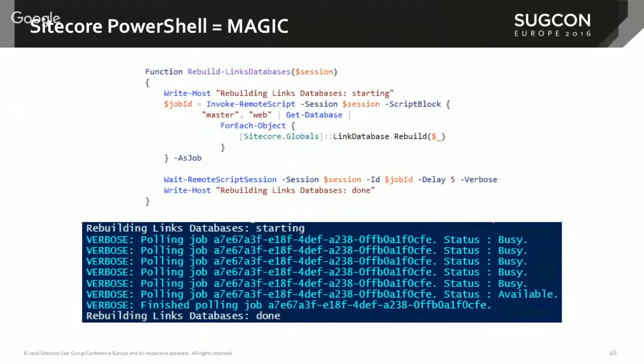And just a quick example of how easy this is. This is doing a remote rebuild of the Sitecore links database. So we're passing a script into that session to rebuild the master and web links databases.